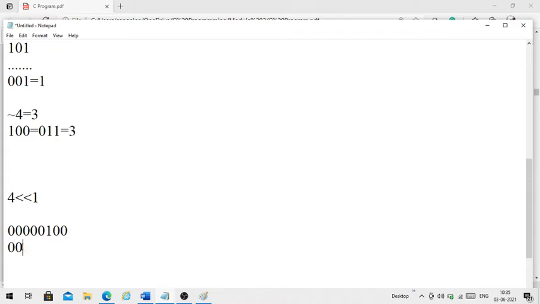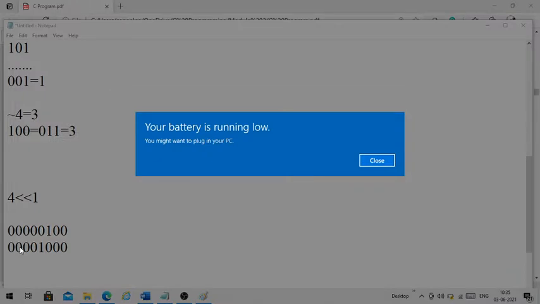I am doing the same operation. Here, 0, 0, 0, 0, and this 1 will be shifted to the left side, 1, 0, 0, 0. So this will be the answer.